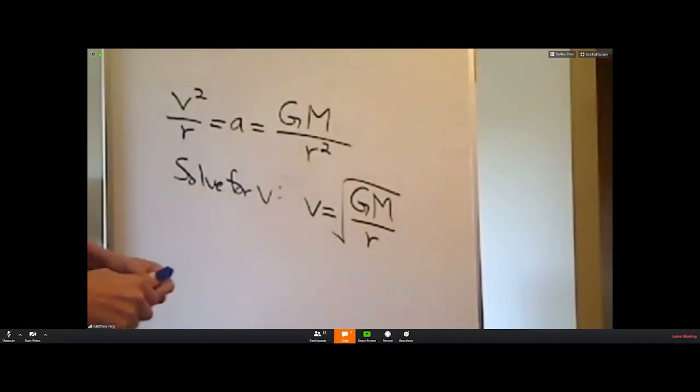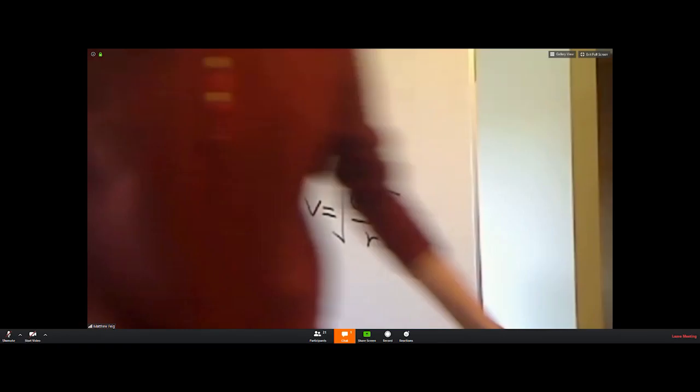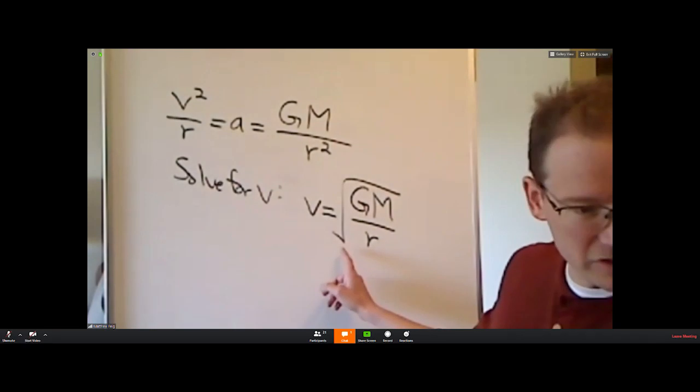Not too bad, right? How is acceleration related to radius? Acceleration is 1 over r squared compared to radius because force is 1 over r squared in Newton's law of gravity. How is velocity related to radius? 1 over the square root of r. So if you think about what that means, as you go to larger radius circles, you're moving at a slower speed.